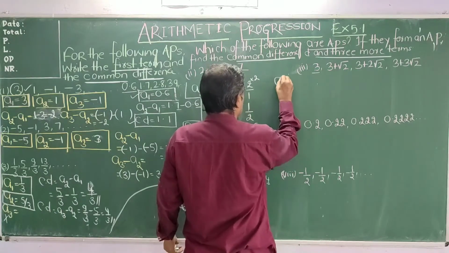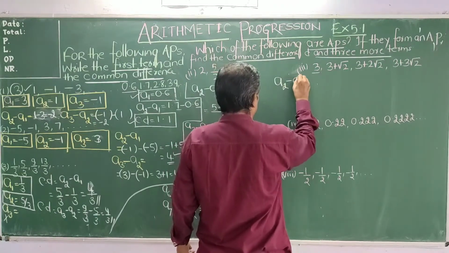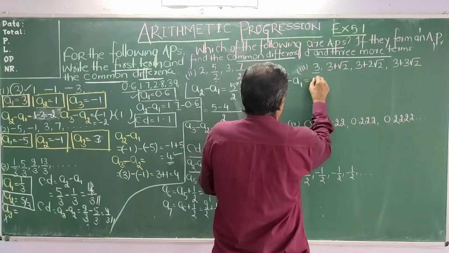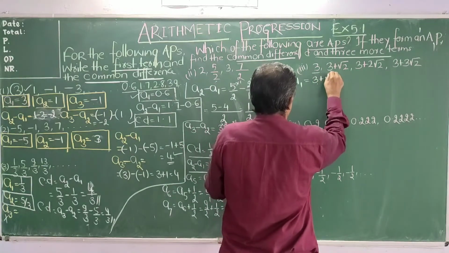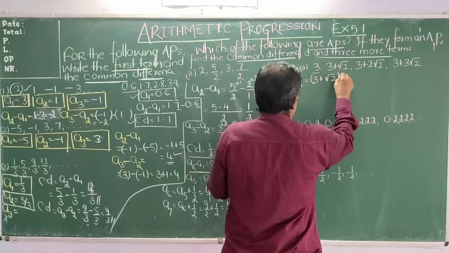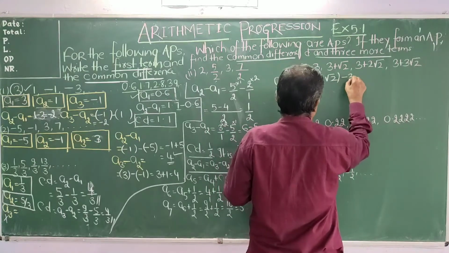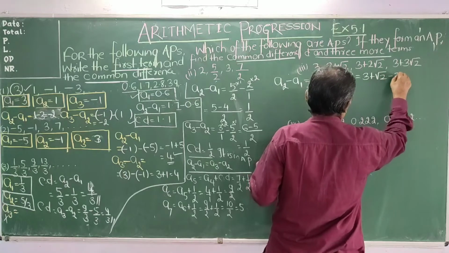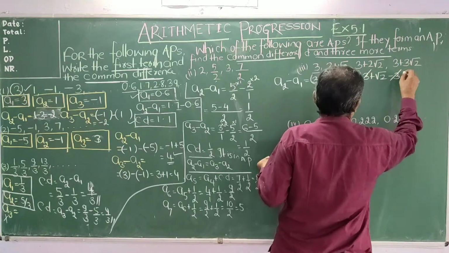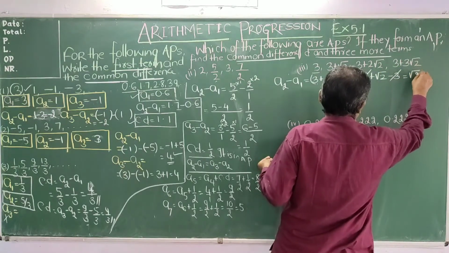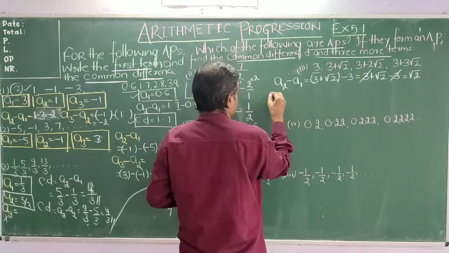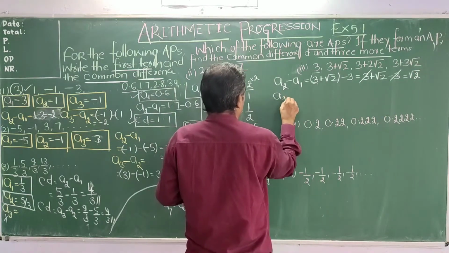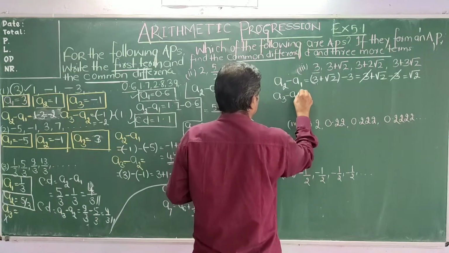First, what I will do is second term minus first term. Second term is, children, 3 plus root 2, minus 3. So 3 plus root 2 minus 3 is equal to how much? Root 2. Third term minus second term.